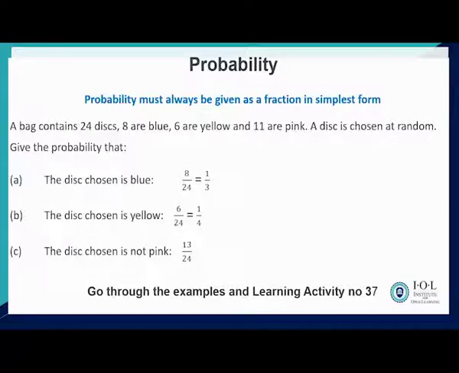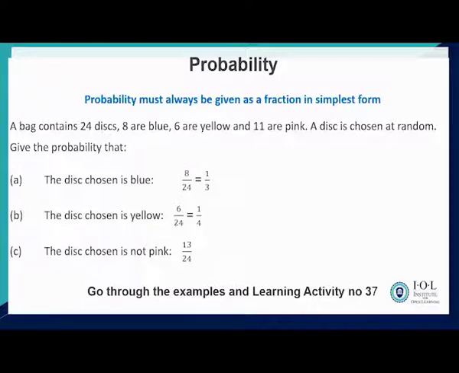So let's look at this. A bag contains 24 discs. 8 are blue, 6 are yellow, 11 are pink. A disc is chosen at random. I put my hand in the bag, I take out a disc. What is my probability to choose a blue one?